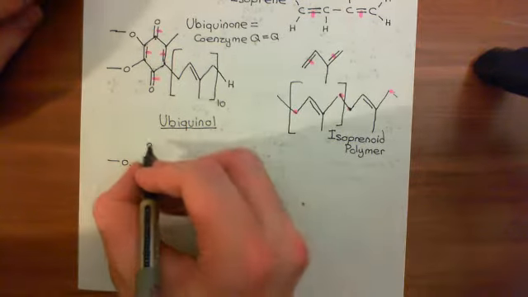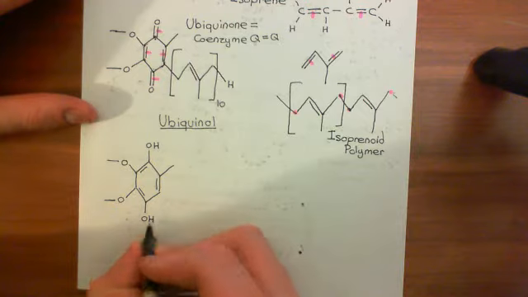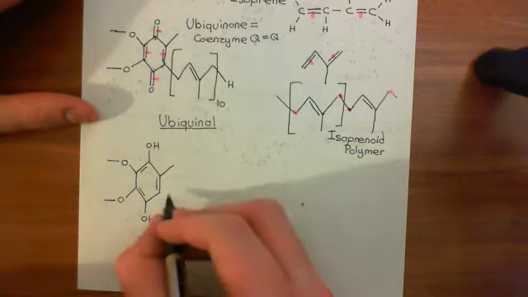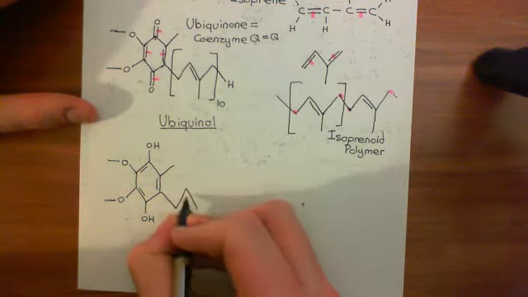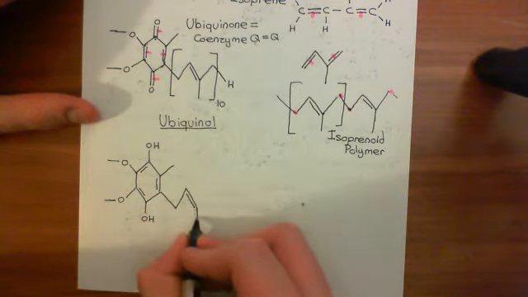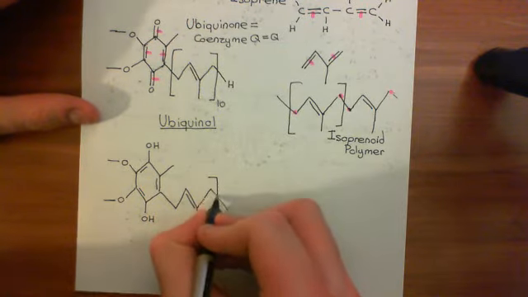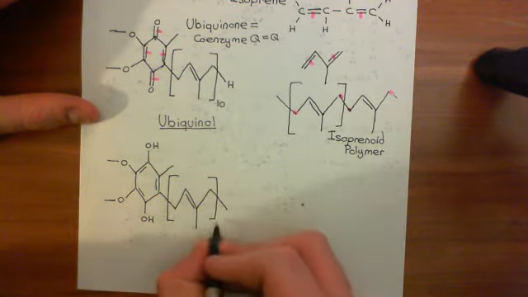Okay? We are now going to bind the hydrogen atoms that we have received from the NAD onto these oxygens to create 2 alcohol groups. Okay? And now you still have this isoprenoid polymer here, like so. So there are 10 of these. So this then is the structure of ubiquinol.